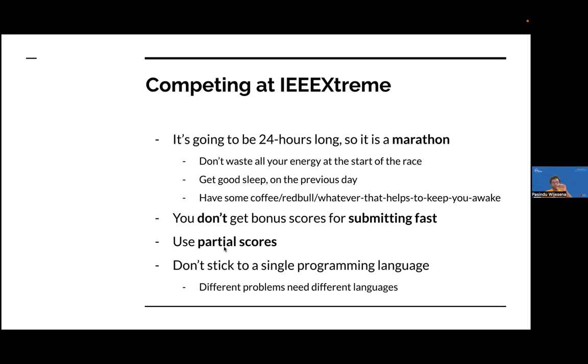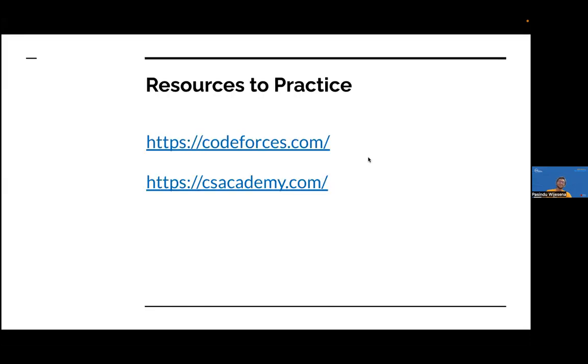So you can always target those brackets, right? It could be the memory constraint or the input constraint, whatever it is. So there are going to be partial scores. And in the worst case, if you just can't come up with a solution that works for all, you can also do half-baked solutions, because IEEE Extreme is not very perfect, so it's not going to find out the correct solution thing.